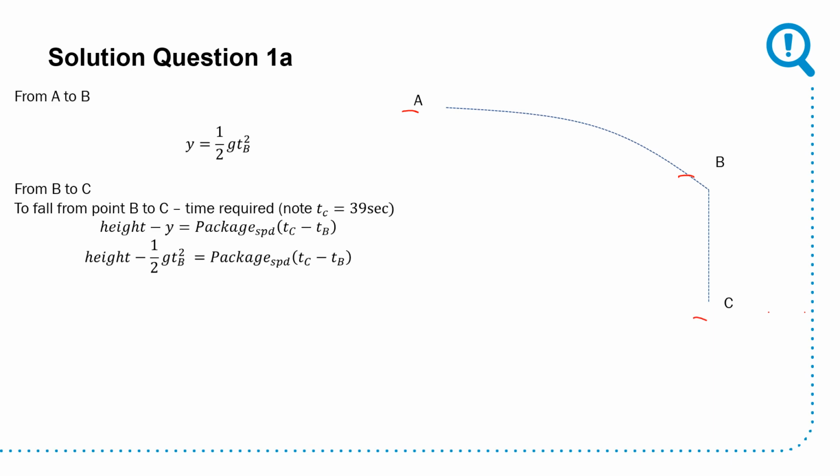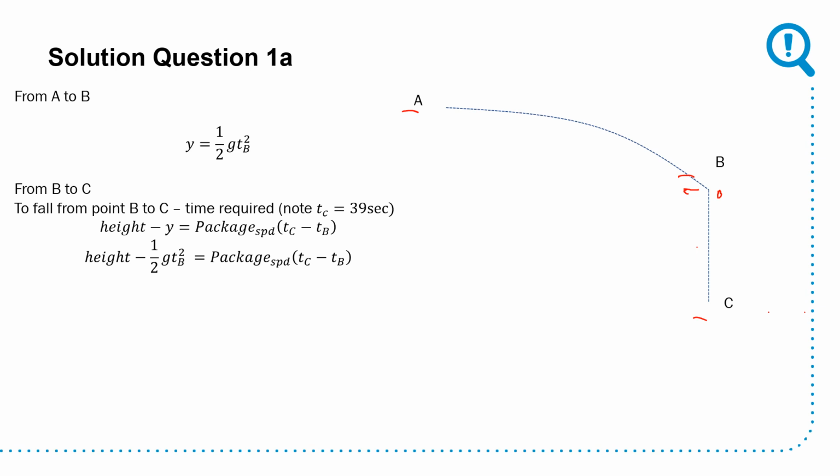You know from A to B, it's going to be the standard approach, y equals 1/2 g t_B squared. And to fall from position B to C, the distance is the height minus y, which is the height minus 1/2 g t_B squared.